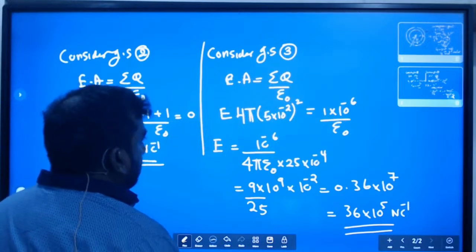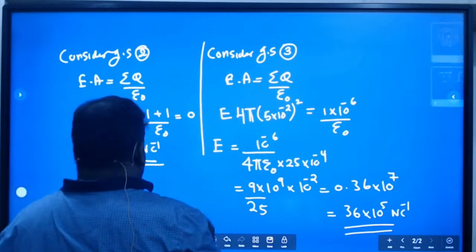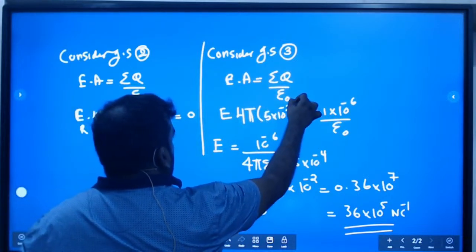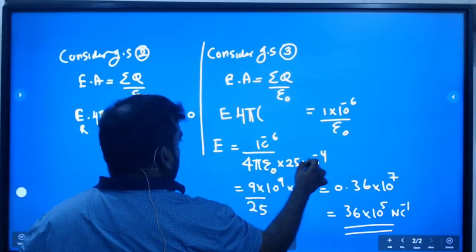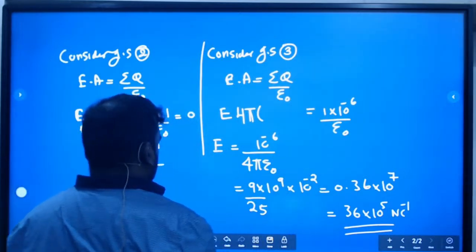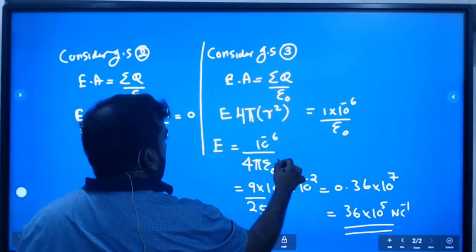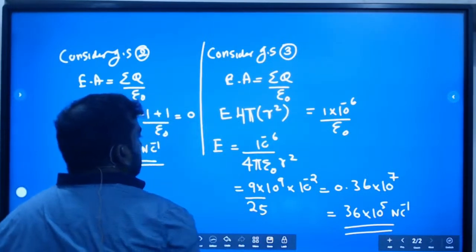Here also the same; if you later substitute for R, it is the same relationship.